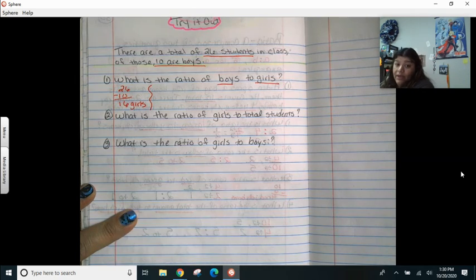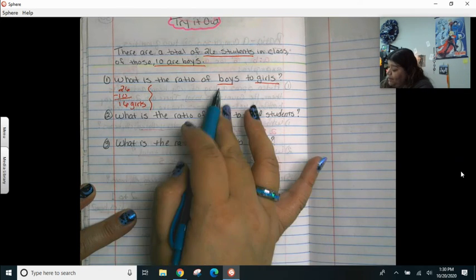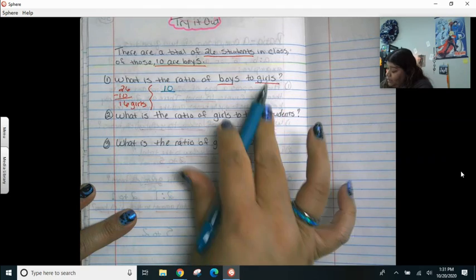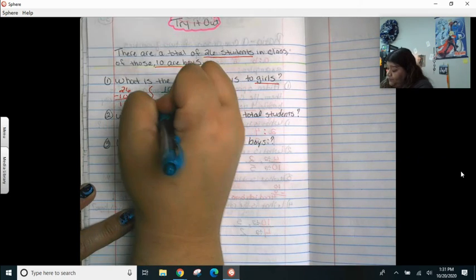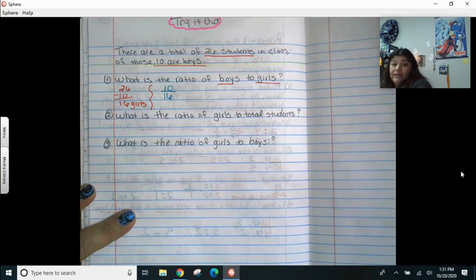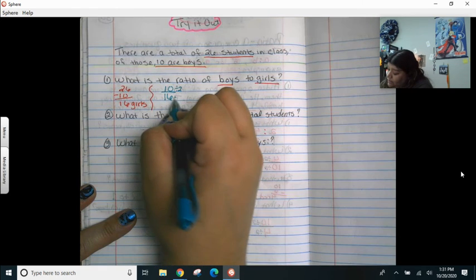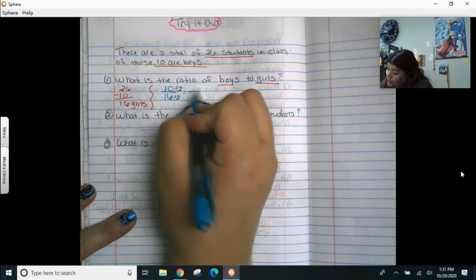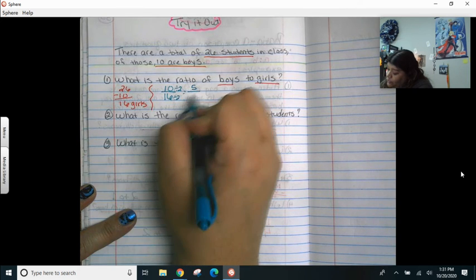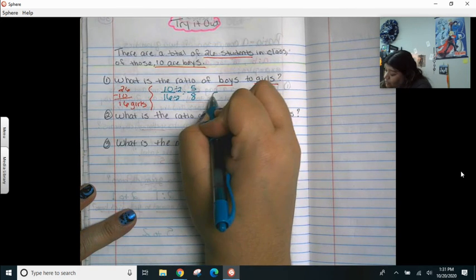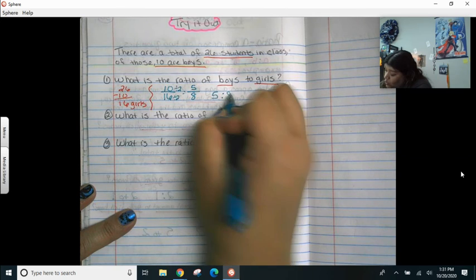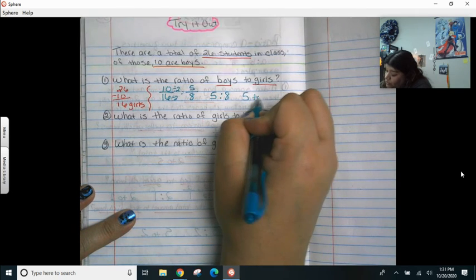Now that I have that, I can go ahead and do the ratio. Boys would be 10 boys over how many girls again? 16. Okay. Did you simplify? If you did, then your answer should have been 5 to 8.